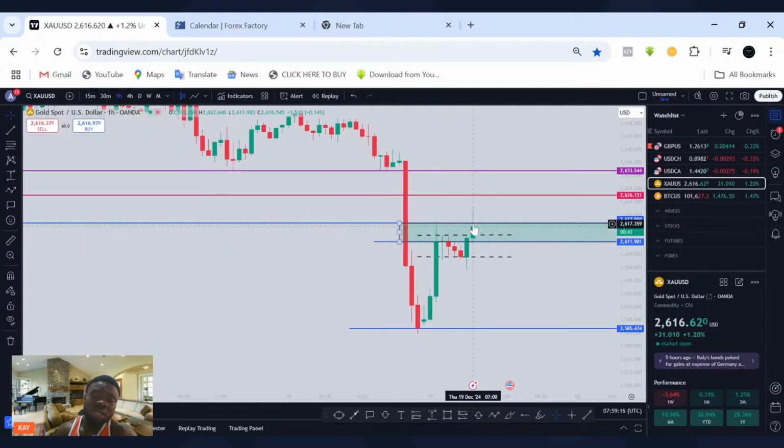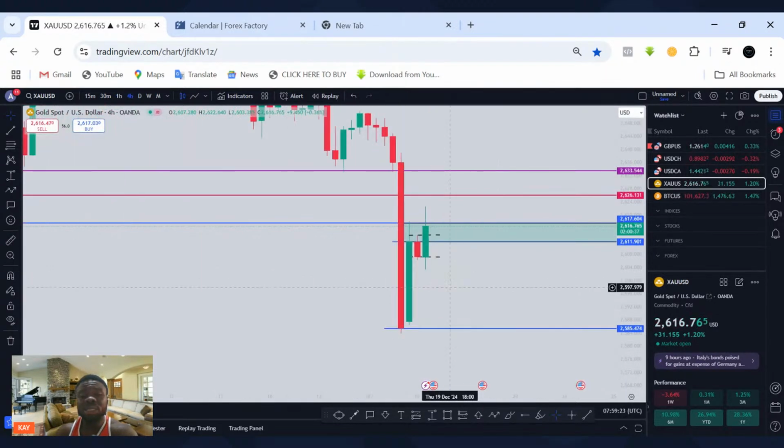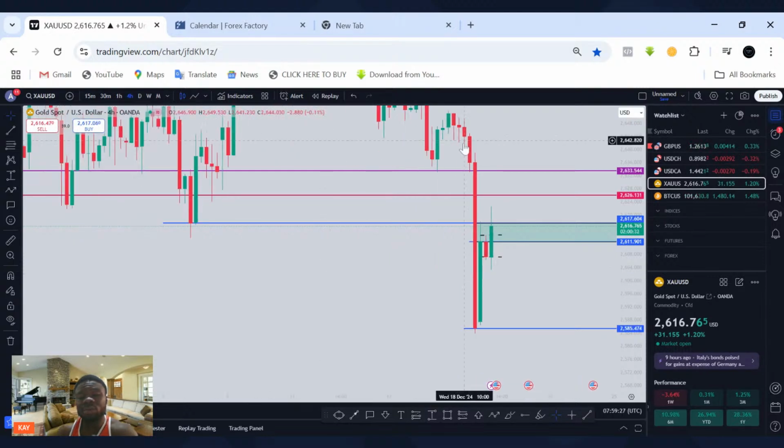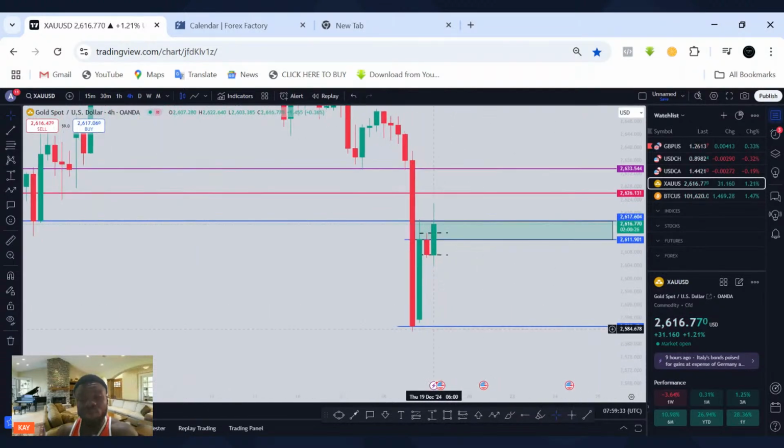You see, gold tried to move up and later finally it is starting to flip. The chances of gold flipping to sell are very high, because this whole move, as it has corrected, needs to continue. That's good for you. So it's very important.